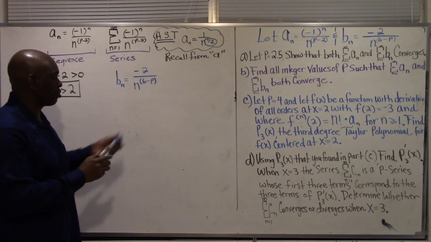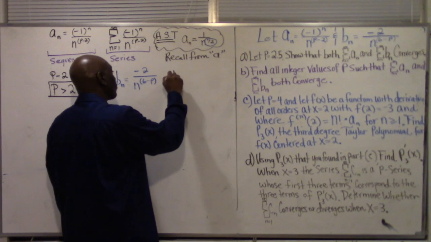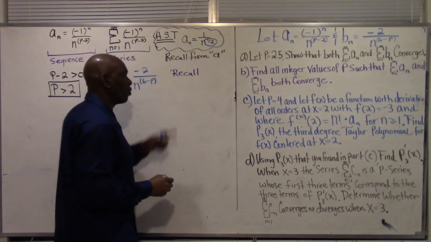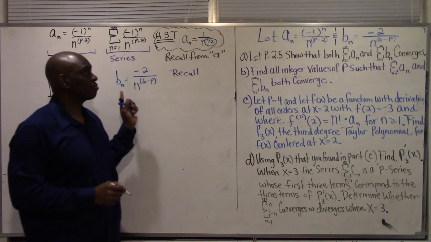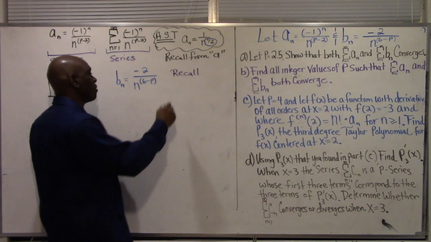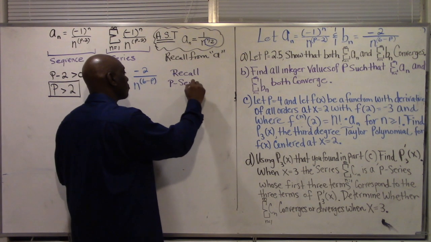Okay, let's do a recall on this one. What did we use in part A to determine whether or not Bn converged or not? We used the P-series test.